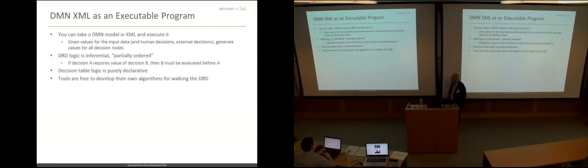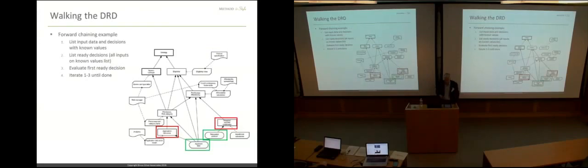And the goal is to generate values for all of the decision nodes in the DRD. So a DRD, I would say, is partially ordered. It does not prescribe an order of evaluation. You can do it sort of in a forward chaining way and a backward chaining way or something in between. So actually walking the DRD is the easy part of execution.